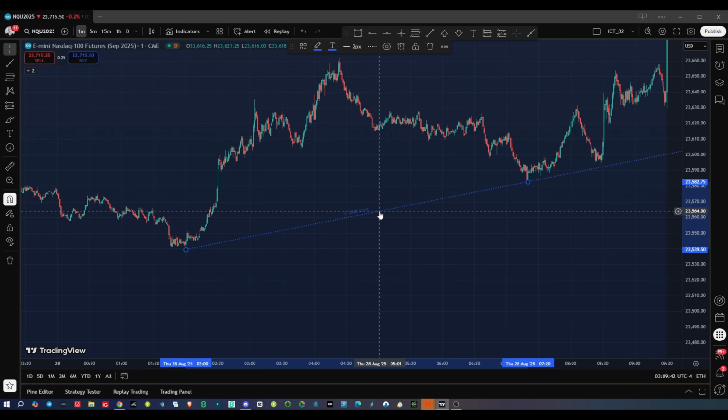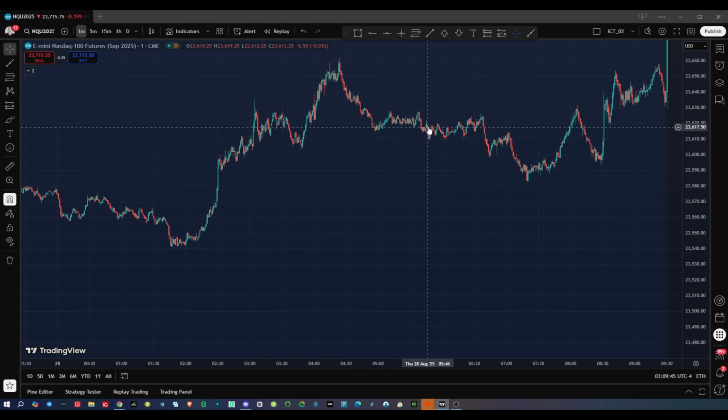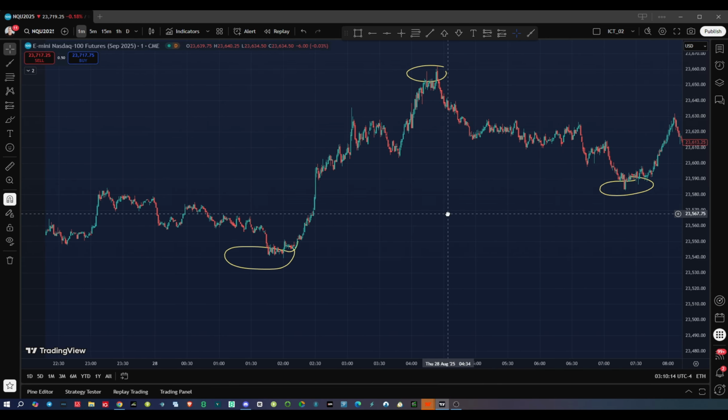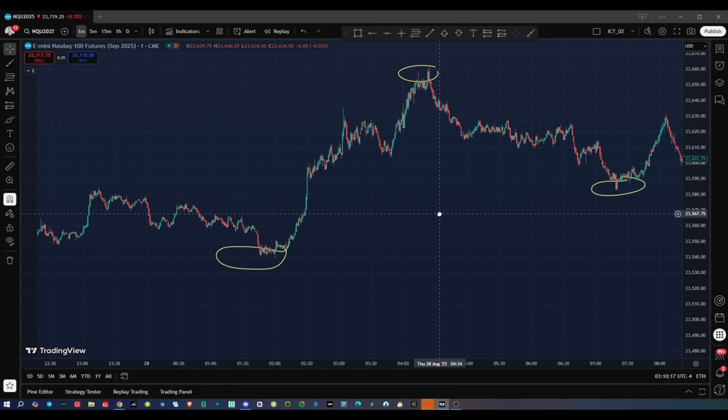How do you identify what to connect and what not to connect? I would look at the market, specifically the Nasdaq futures, which works very nicely with trend lines. This point is standing out, this high here, this low here, and as the market is moving forward, you need to pinpoint certain areas that stand out.